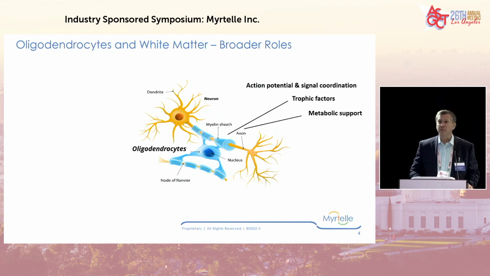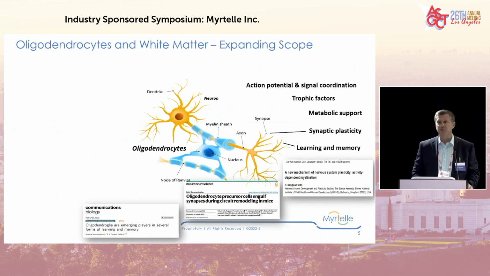But then things get really interesting because we start to see that these cells may play broader functional roles, that they may actually participate in the development of synapses. They can help shape and carry out synaptic plasticity. They can prune neurites. They can increase the intensity with which synapses function or decrease them.